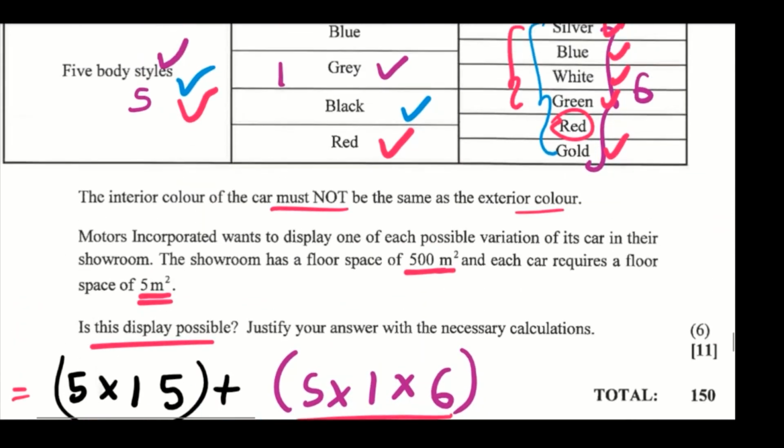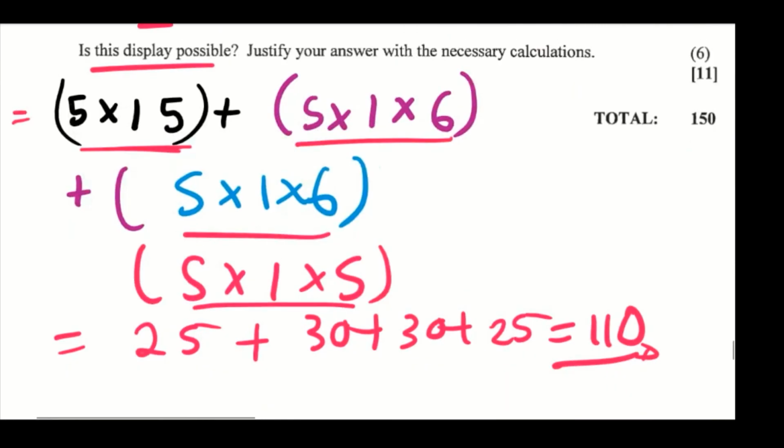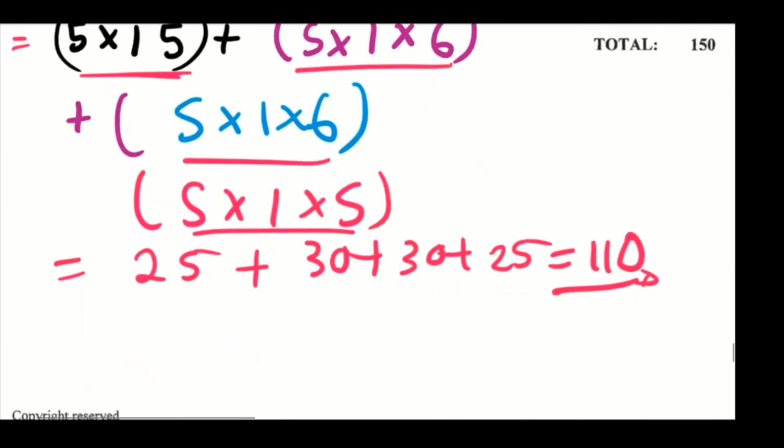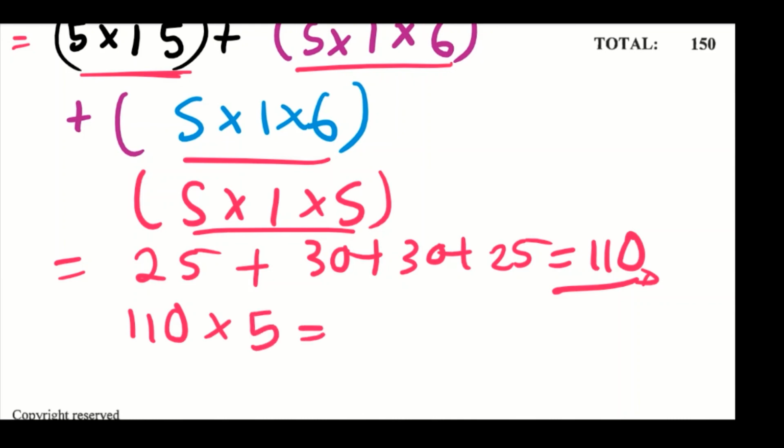Once we have that, each car takes 5 square meters, right? And 110 multiplied by 5 gives us 550.